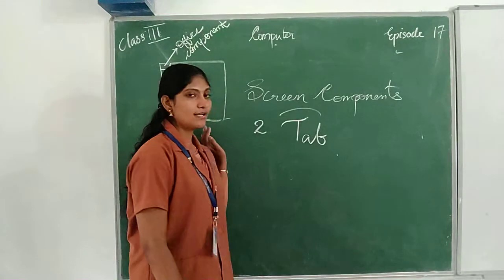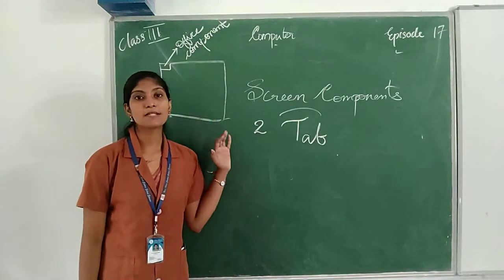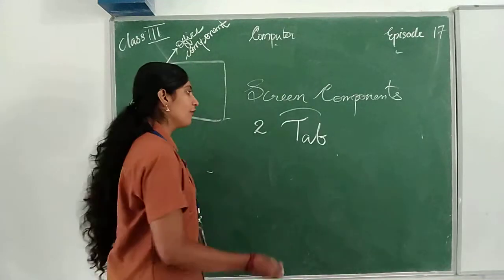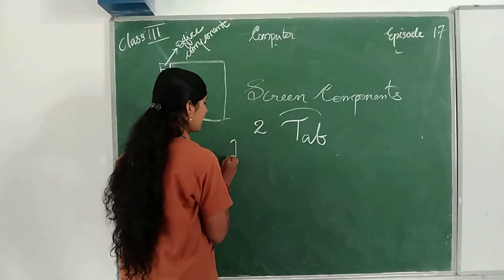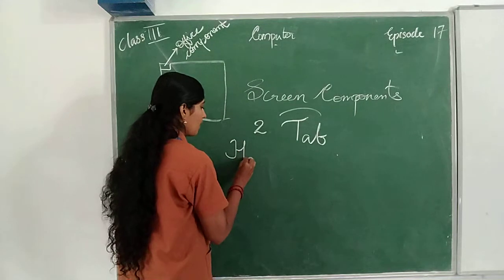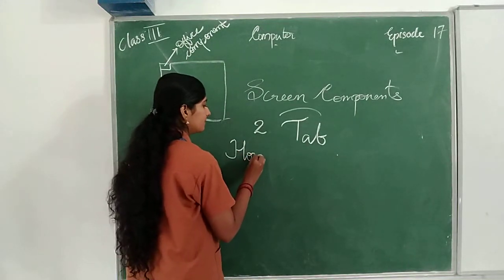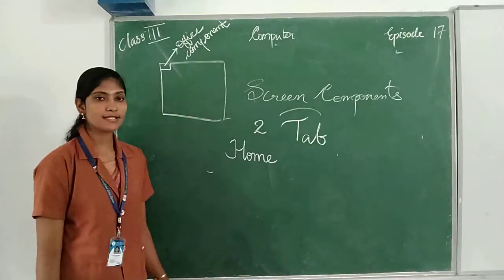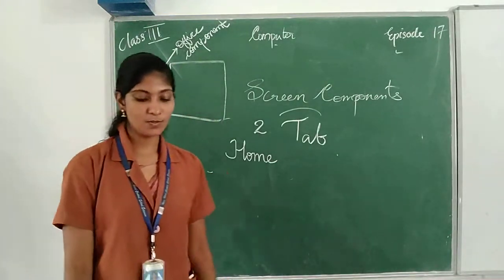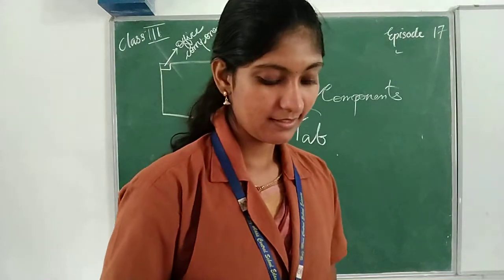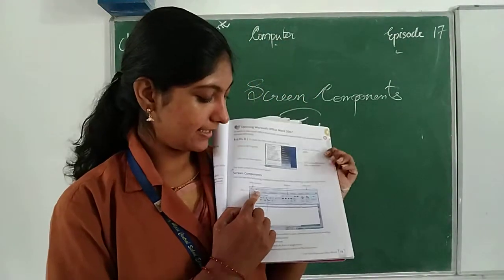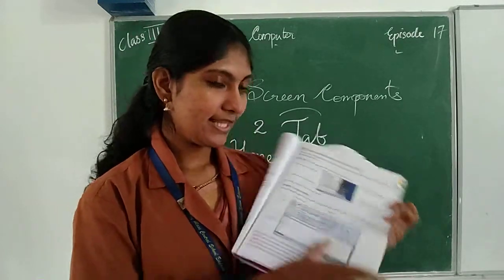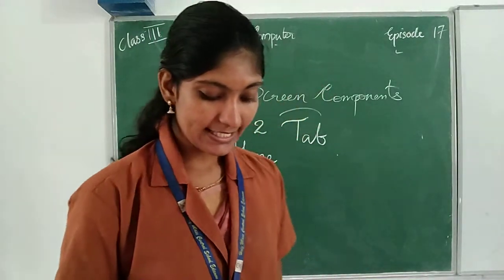In our Word screen there are some tabs. Let's see what the tabs are. The first tab is the home tab. Look here, these are the tabs. The first tab is the home tab. Then the second tab, insert tab.